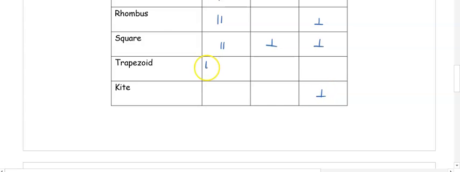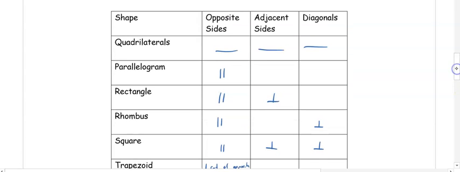And in a trapezoid, we have one set of opposite sides parallel. So the 4 that we are going to focus on, though, are parallelogram, rectangle, rhombus, and square. So you want to find your 6 slopes and then look at the sides to determine which shape we have.